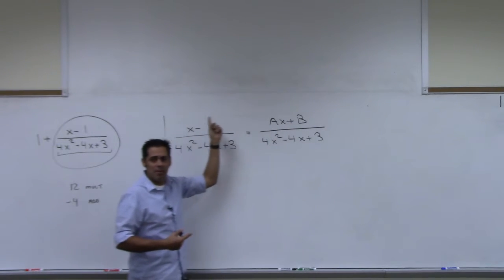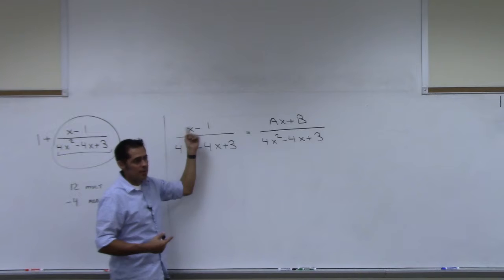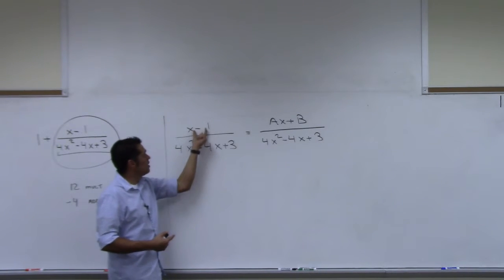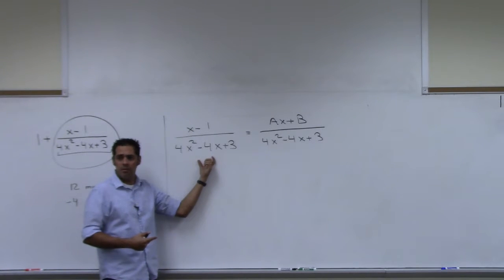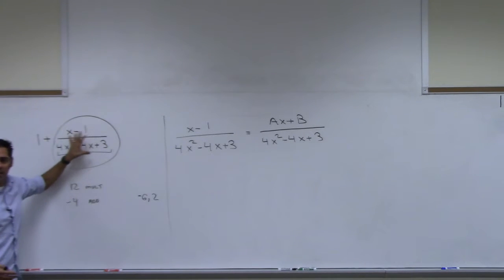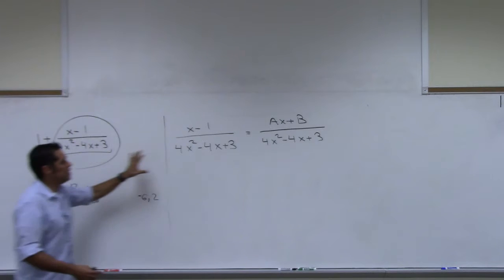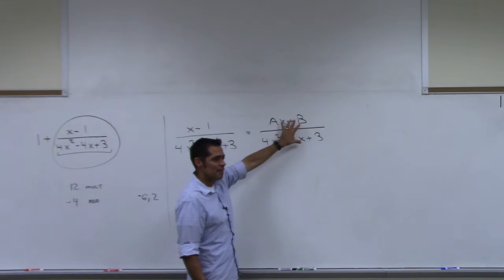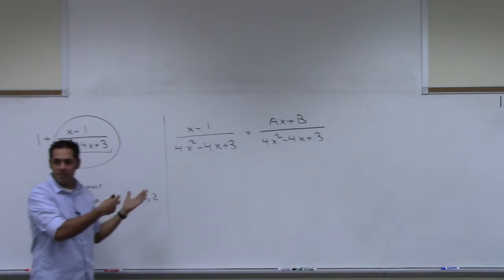But that's what we already have. We already have that, don't we? Linear expression, quadratic, irreducible. In other words, we're done, okay? This cannot be decomposed any further, because what we would decompose it into is exactly what we already have.